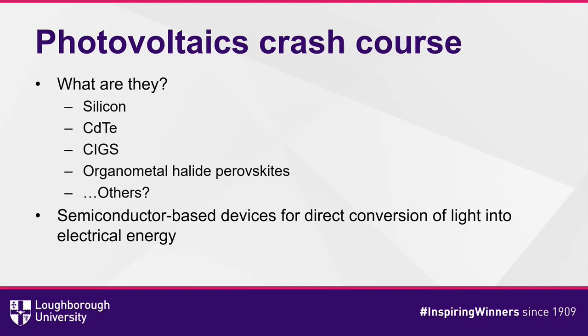So it's a means of generating electricity directly from light. And the key one really is silicon. Silicon is the primary technology. It's by far and away the most used technology. Silicon devices have something like 95% of the market. There are various others, and for various reasons they don't really get used, and they tend to be a bit more complex, certainly from a recycling perspective anyway.